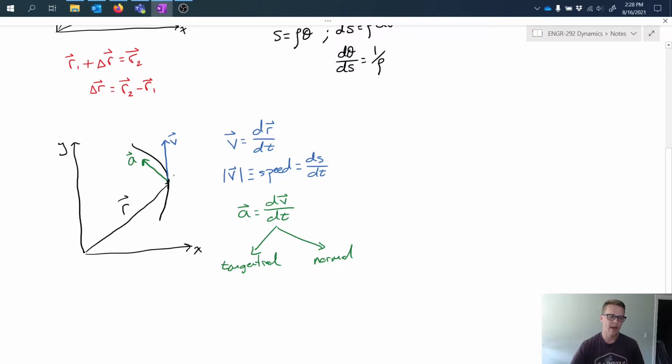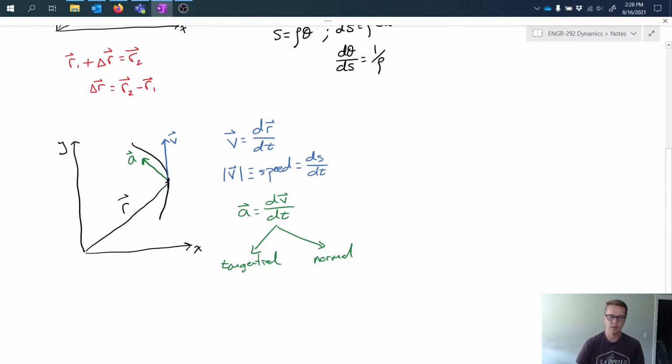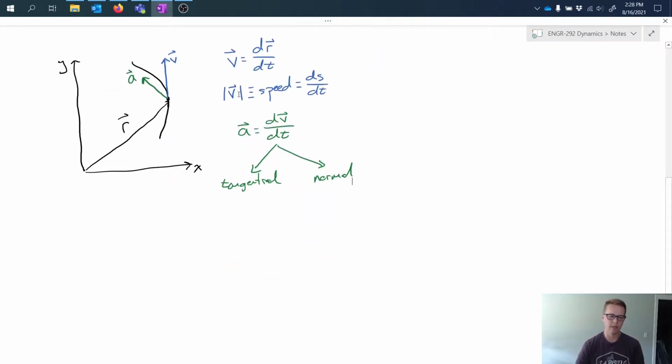That's sometimes useful. We can talk about it in terms of cylindrical coordinates, which again is another way to represent it and sometimes useful. I'm going to use, in this specific case, tangential and normal directions just because they're useful for some scenarios, and we know their directions in a curvilinear problem like this. So I can go ahead and represent the components of my acceleration in those directions.